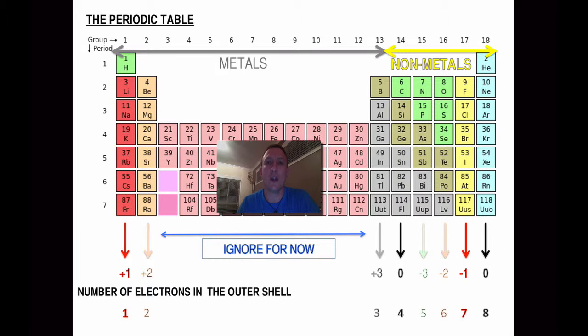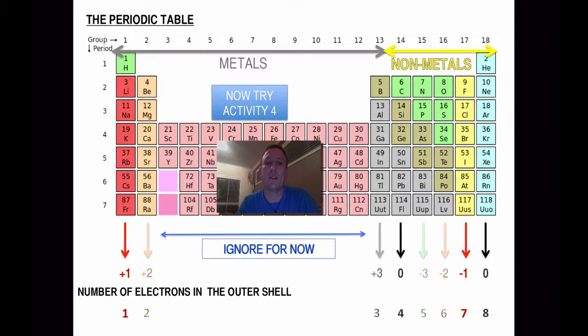Remember, if you've got only a few, you're going to lose them. If you've got a lot, you're going to gain them. So if you look at the bottom here, you can see that group 1 only has 1 in their outer shell. Group 2 has 2. 3, 4 basically goes up to stable, 4 being stable. 5, 6, and 7, they all gain electrons.